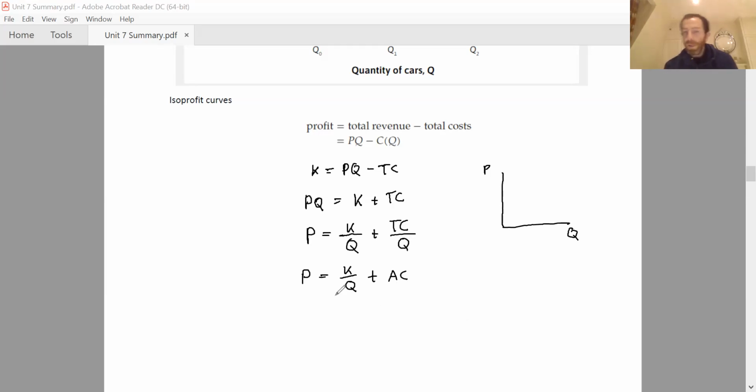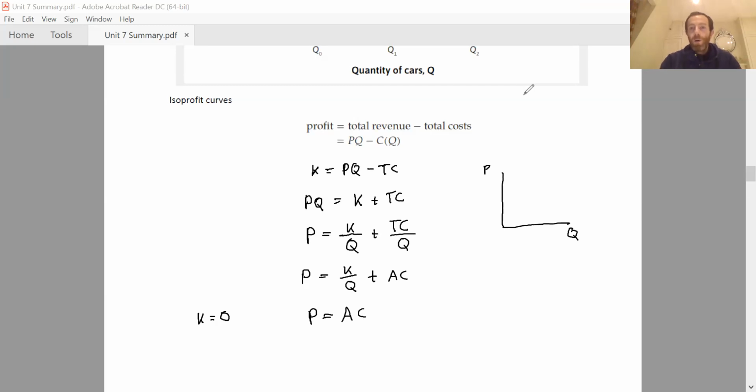So we can see here that ISO profit curves are just a combination of the firm's average cost and this other function, which is some constant over Q. Now, a final really important thing to see is if we set the level of profit K to be equal to 0, then this just becomes price is equal to average cost. So the ISO profit curve for 0 profit is just the average cost curve.